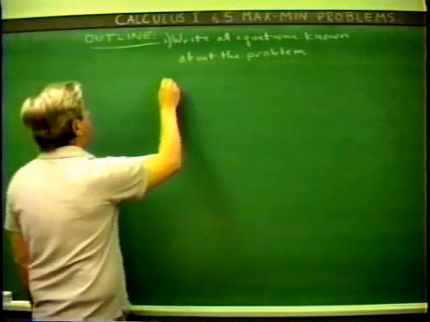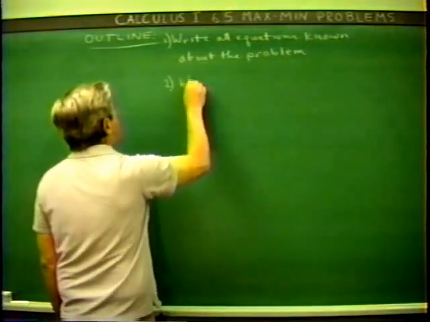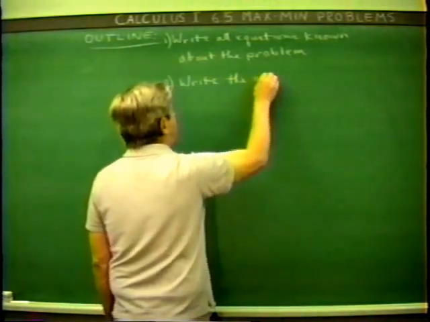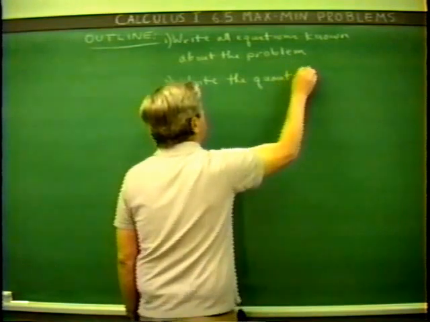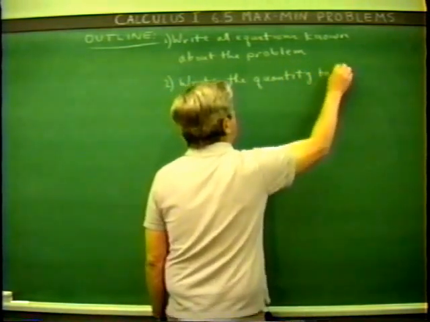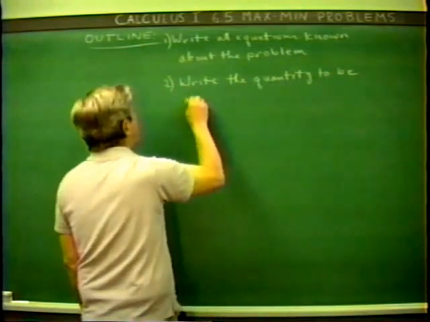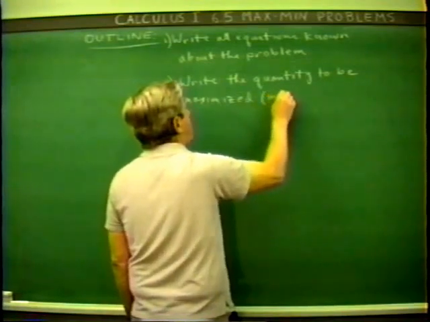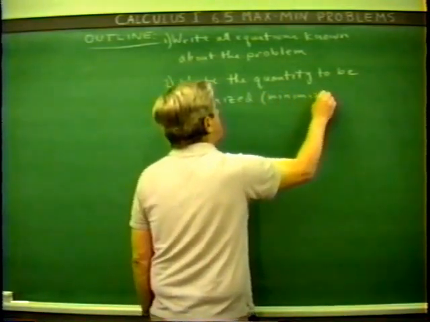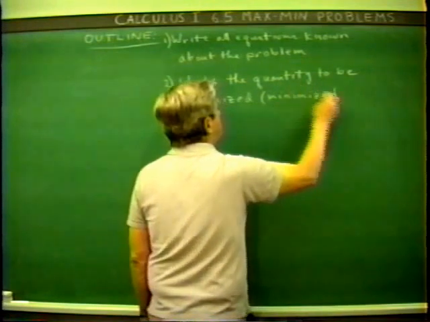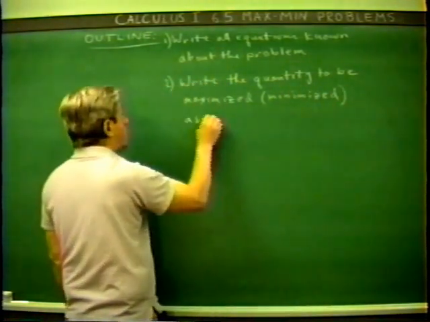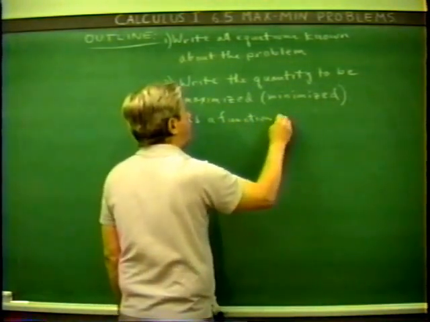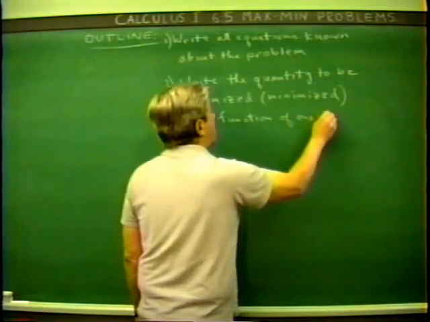That would be a natural thing to do, of course. But then the second thing to do is to try to write the quantity to be maximized or minimized as a function of one variable.